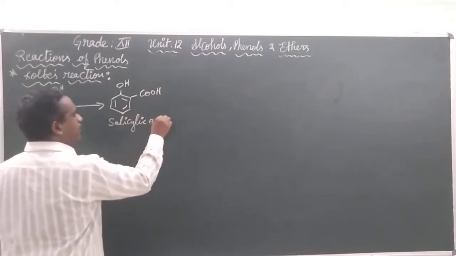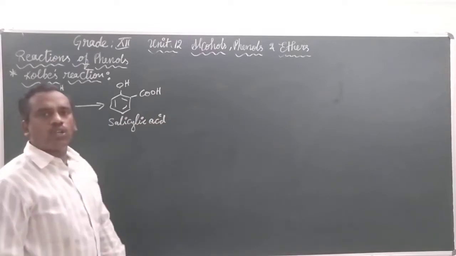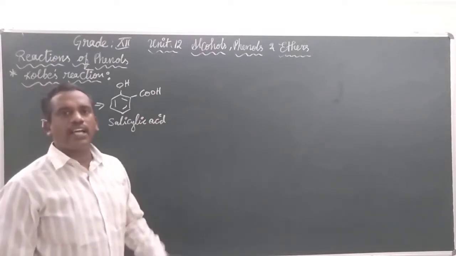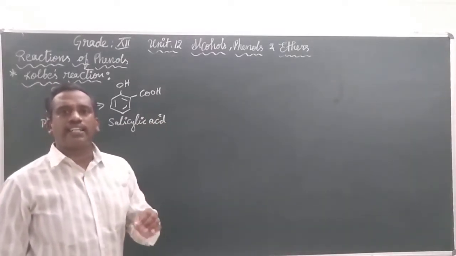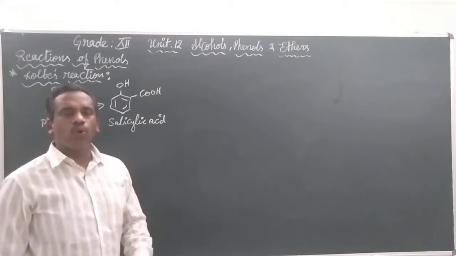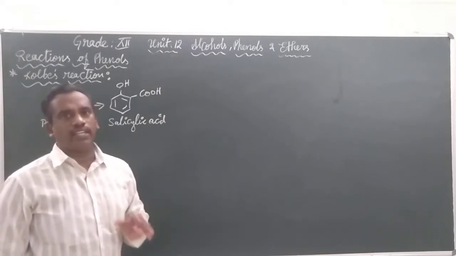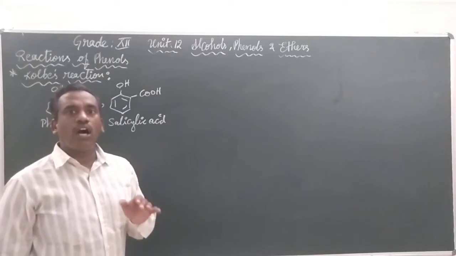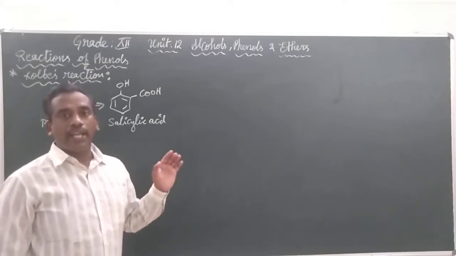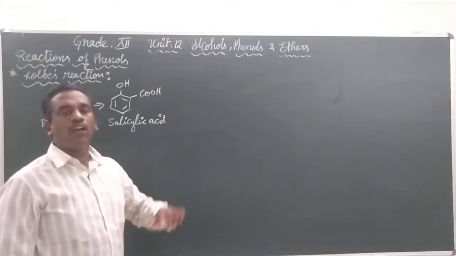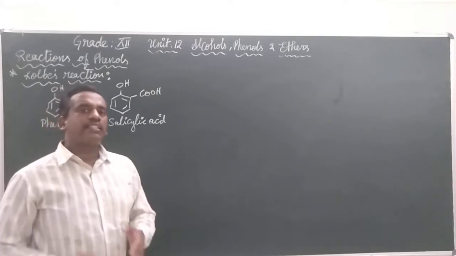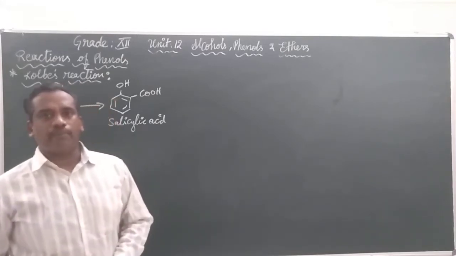In the previous video, we had also discussed the importance of salicylic acid. It is used as aspirin. So, how are we going to prepare this aspirin from the phenol? It is not a direct single step.